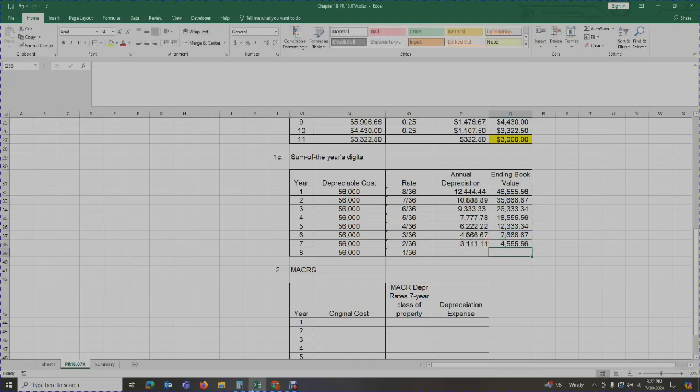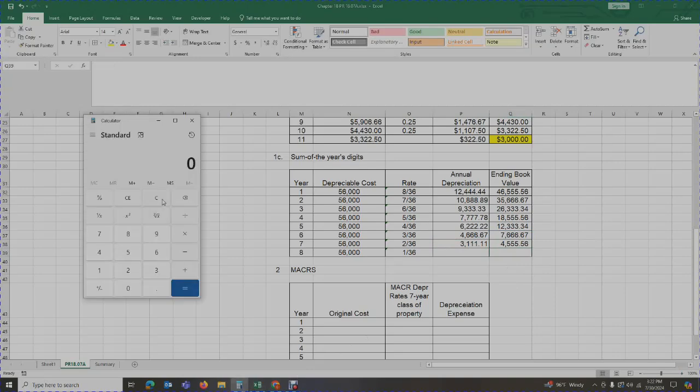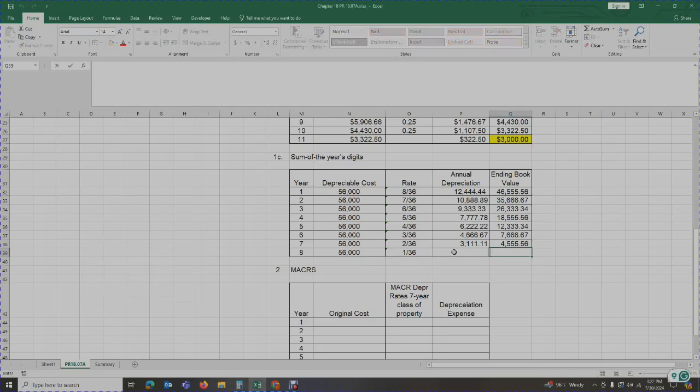Okay. Now we're going to do the last and final one. 56,000 times 1 over 36. That's going to give me 1,555.55555. That third digit is a 5, so that means we're going to bump up that second digit to a 6. So that's going to give me 1,555.56.